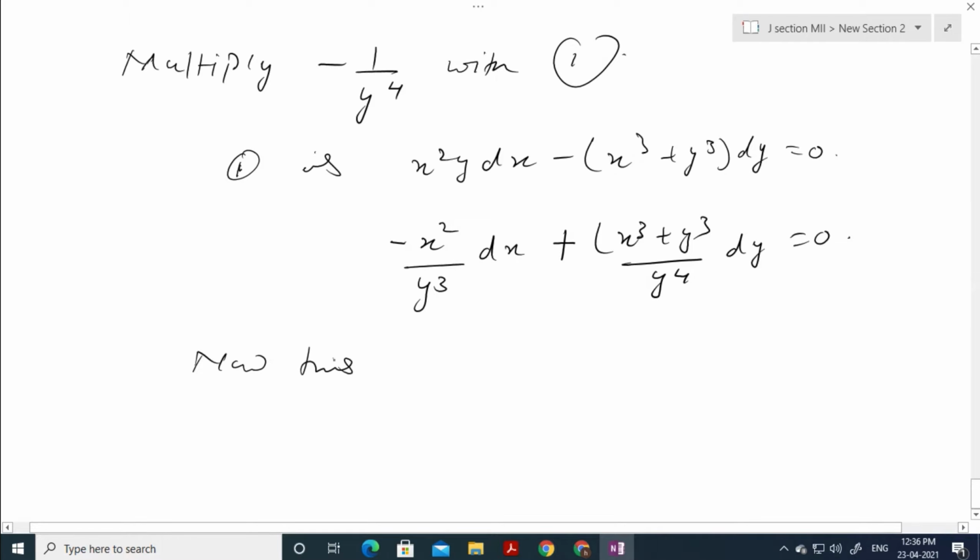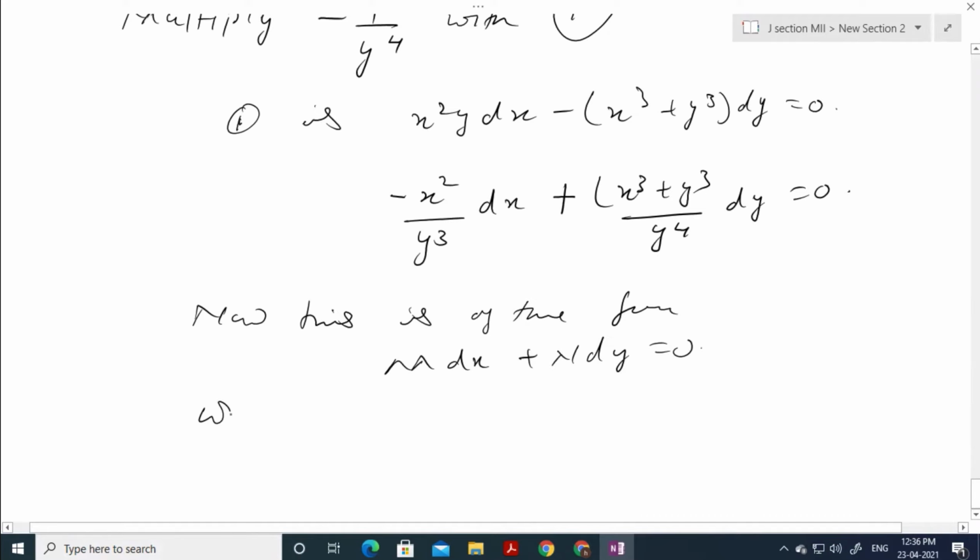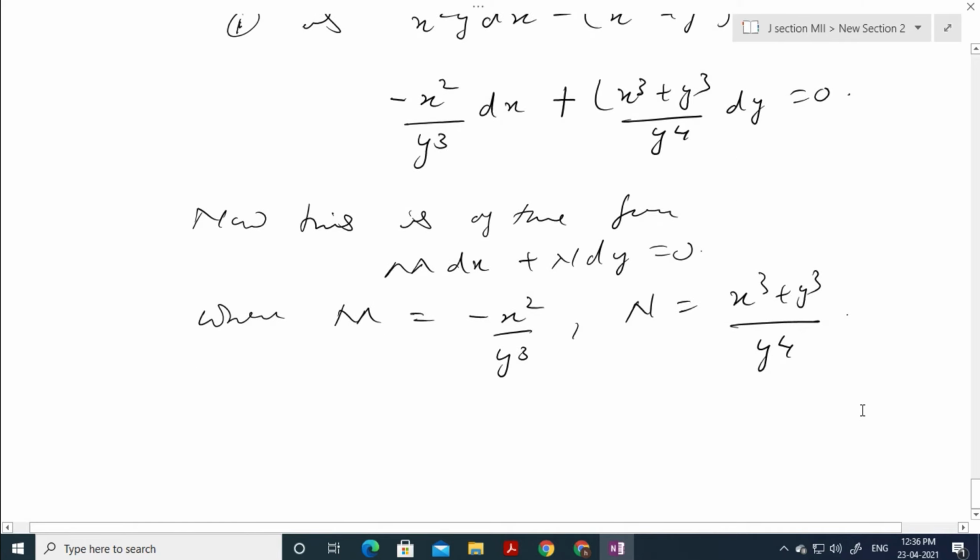Now this is again of the form M dx plus N dy equal to 0. What is M now? Minus x square by y cube. And N is (x cube plus y cube) by y to the power 4. So now you have a totally new differential equation with new M and new N. Again you check whether this is exact or not.